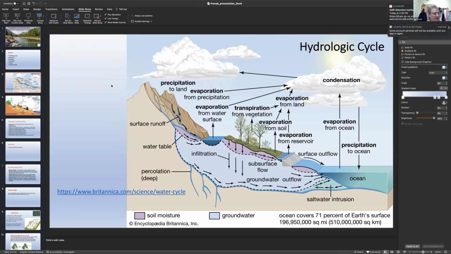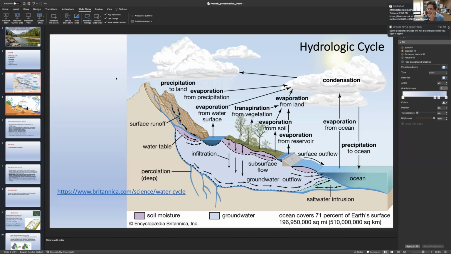So this is really about transport of material through the environment, and that is why I'm very pleased, Pranab, that you gave this introduction for everyone into this watershed modeling, the hydrologic cycle.